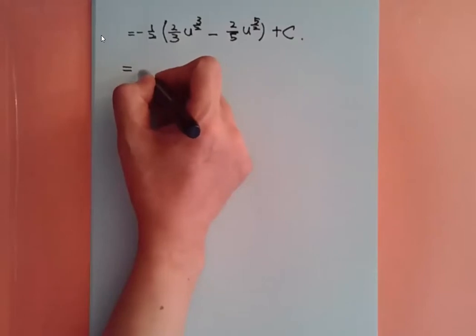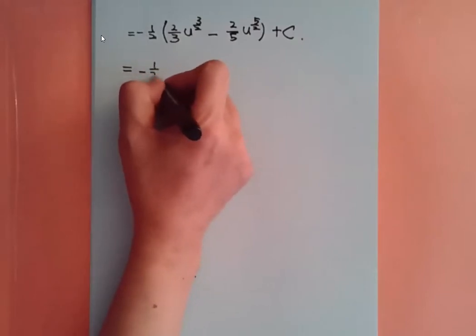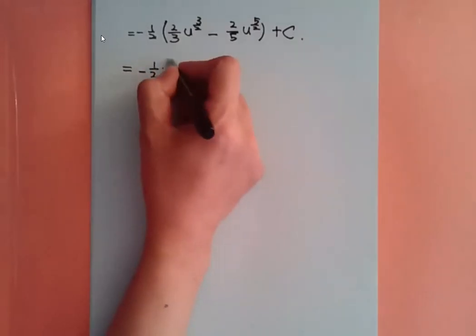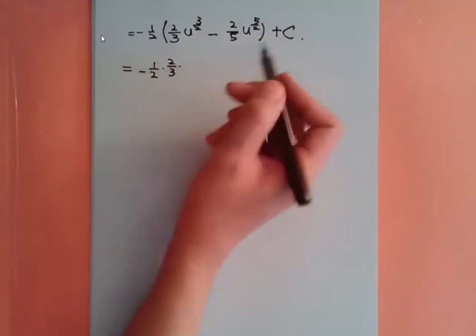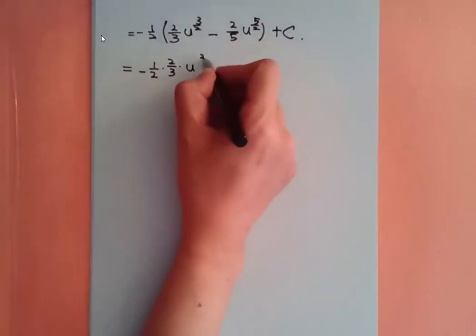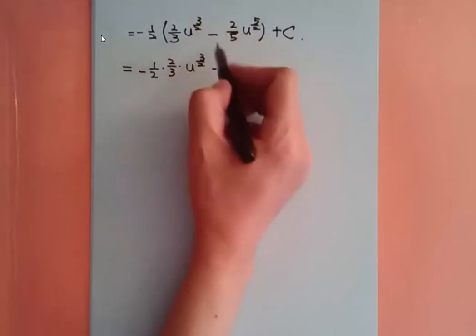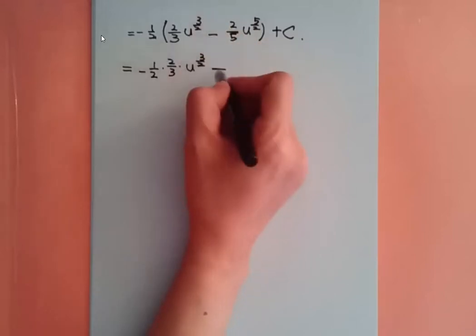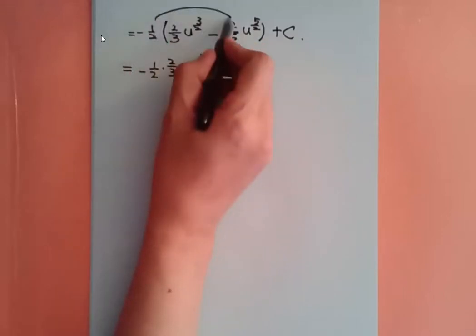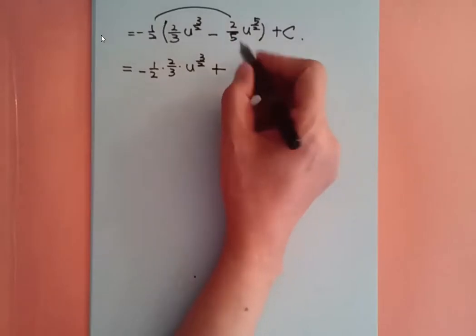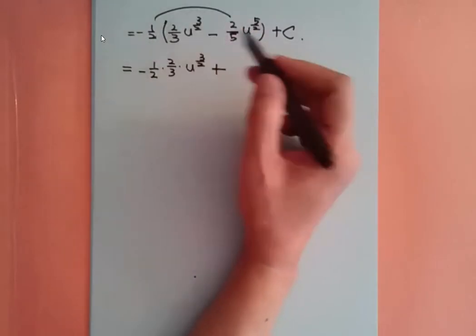So if we distribute, then that becomes -1/2 times 2/3 u to the 3/2, minus will make plus, and when we multiply these two, this 2 and this 2 will cancel each other.